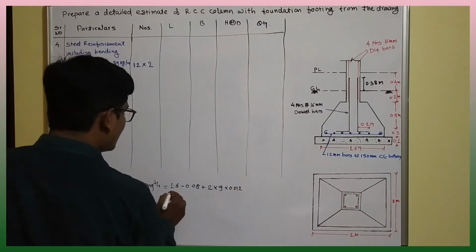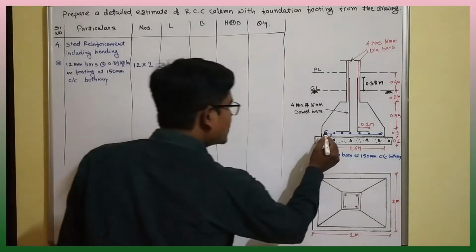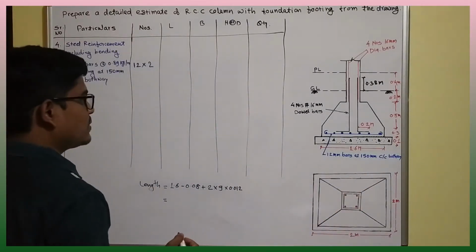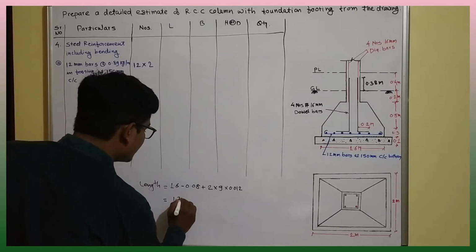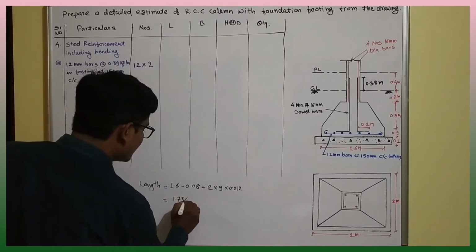After calculating this, we will get the total length of the bar, that is 1.736 meter.